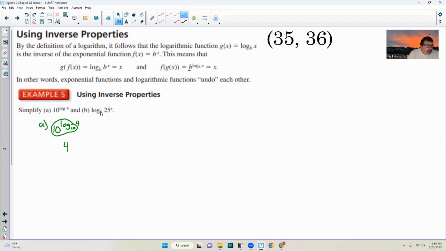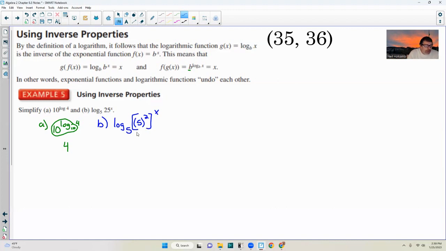Now if I take the log base 5 of 25 to the x, this one's a little bit different. We're going to change this to a 5. It's going to be the log base 5 of 5 squared, which is 25, to the power of x. So the log base 5 of 5 cancels, and with a power of a power you multiply.